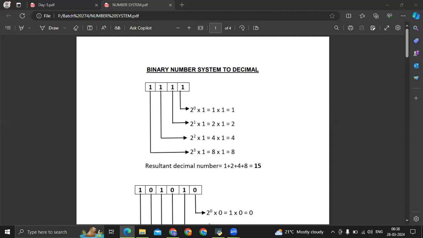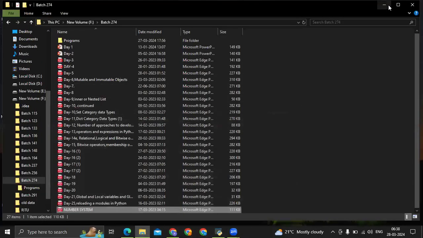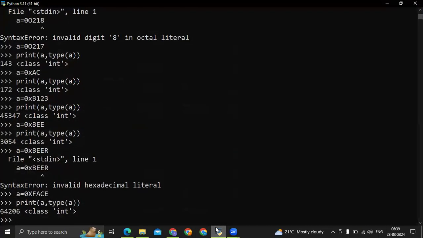Okay, so let's proceed with the float format now. What do we understand by the float format? Students, float is one of the predefined classes and treated as a sequence category data type.